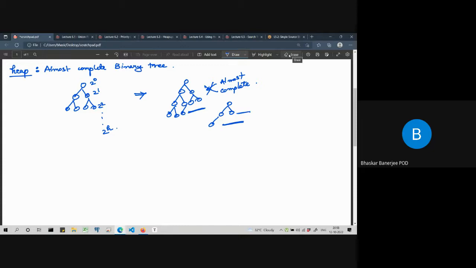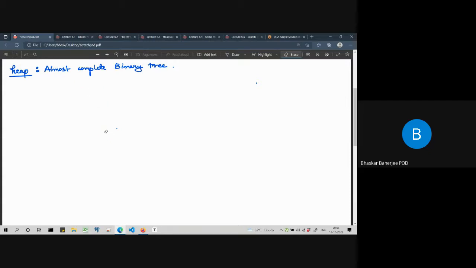And now let us come to the main property of heap. There can be two kinds of heap. The first is a min heap, and I can also have a max heap.